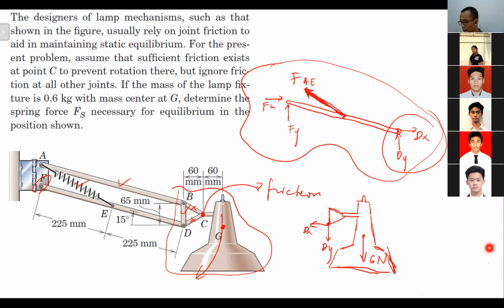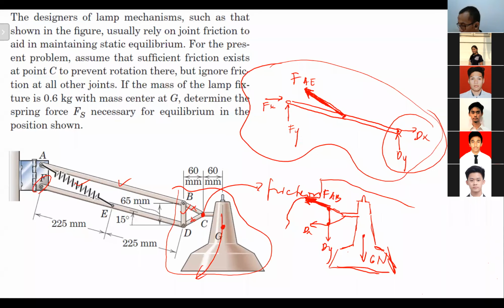Then at point B, because it is a two-force member, I will have to draw FAB there. We have FAB, we have Dx, and we have Dy.